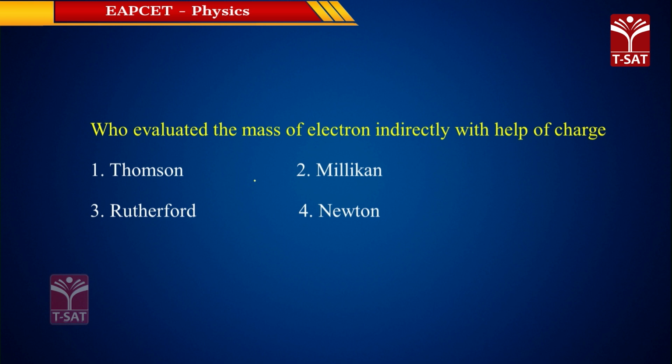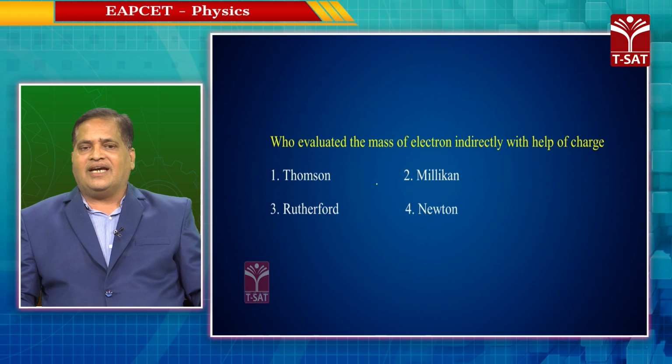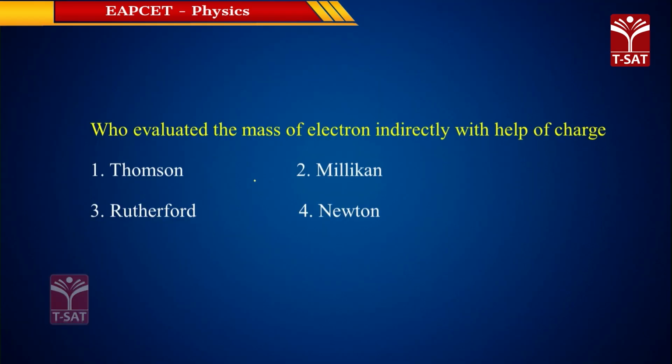See children, J.J. Thomson discovered the electron, Rutherford the nucleus, Newton the laws of motion and gravitation. But by the Millikan oil drop method, the mass of electron, and the electron charge, was also found. So the Millikan experiment is the most important.